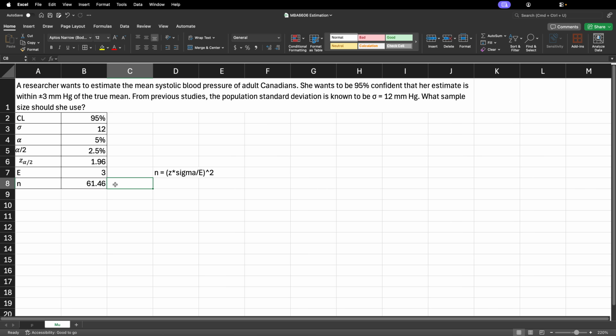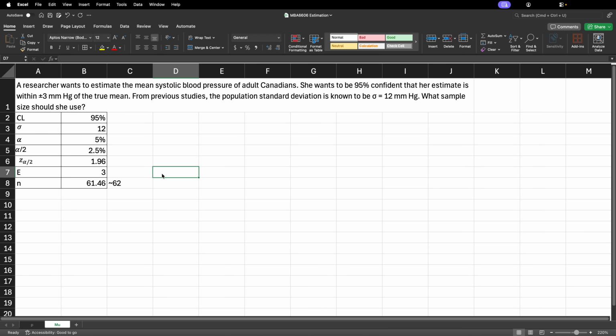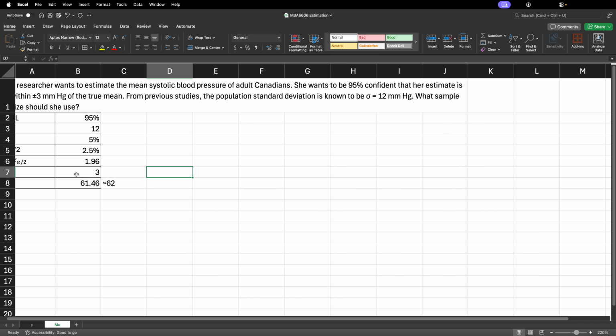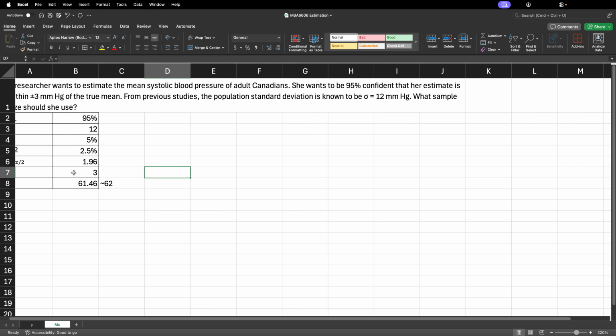We can approximate it as 62. So we need a sample size of 62 to guarantee a 95% confidence level and an error margin not more than 3, within plus or minus 3.